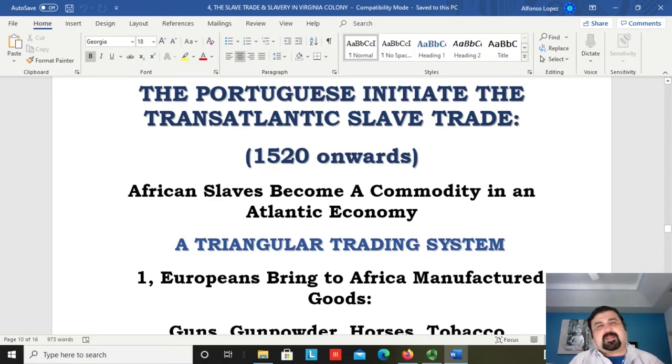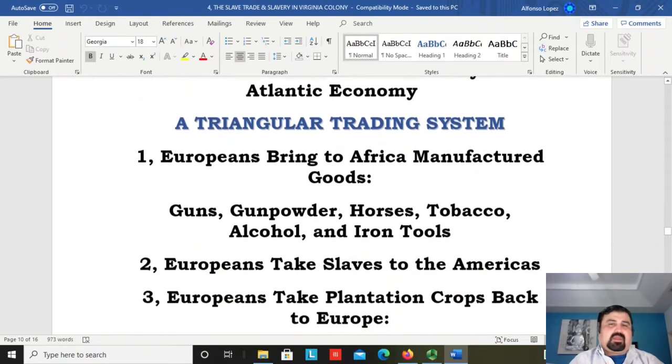But from 1520, African slaves will also become one of the most traded commodities in this Atlantic economy. What is being carried back and forth across the Atlantic Ocean, particularly from Africa to the New World, besides goods, is African slaves, brought in great numbers.